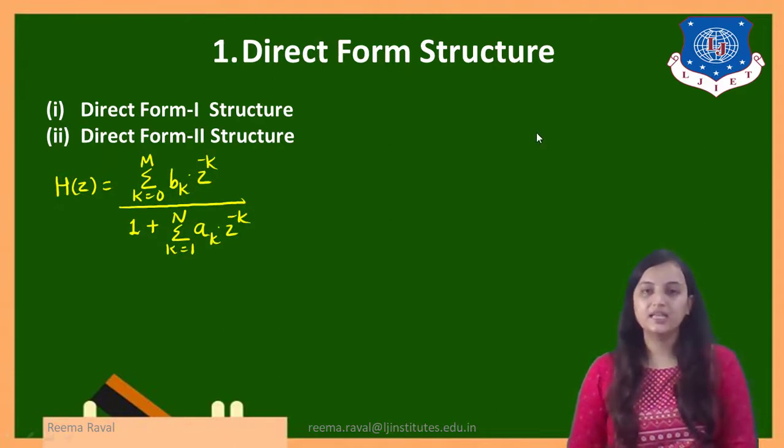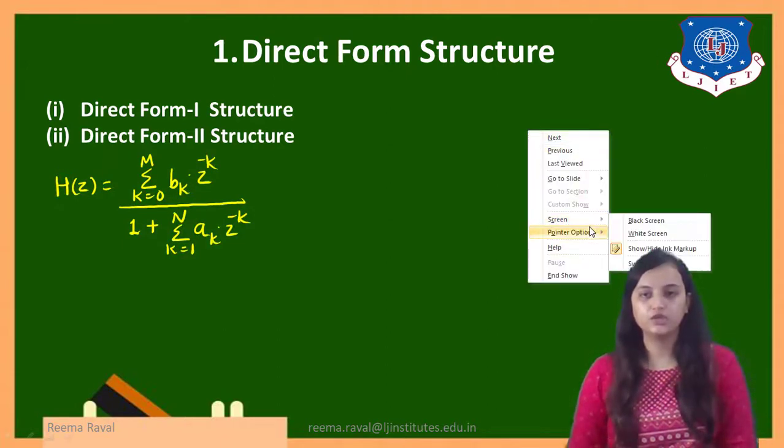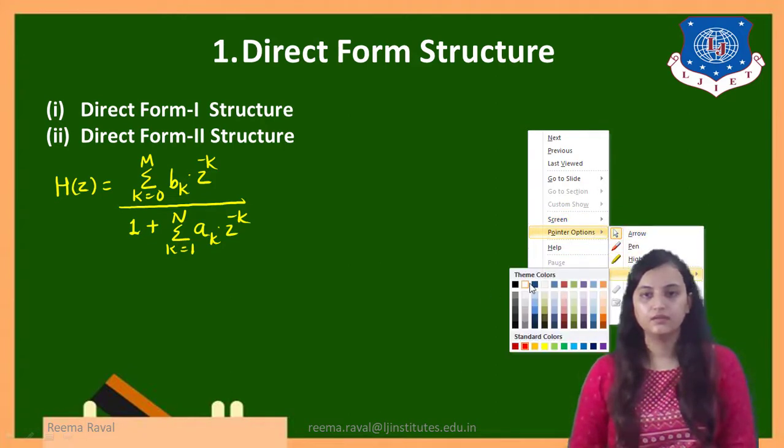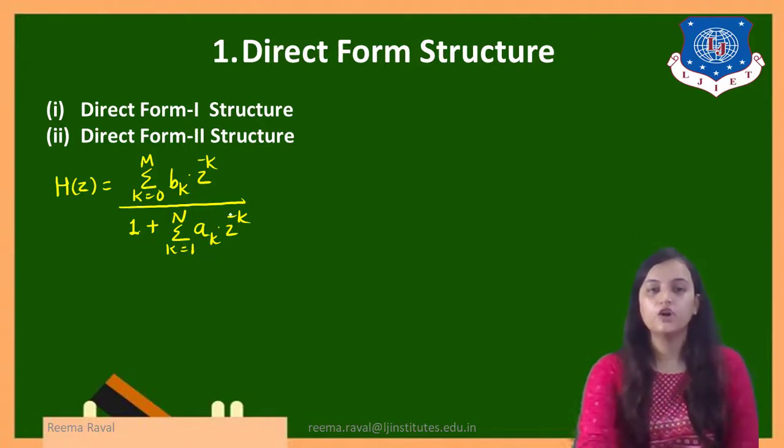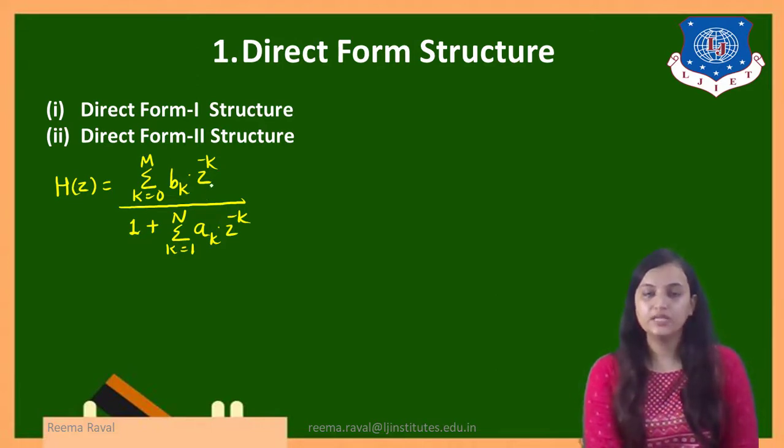Now let us see the example of representing the system function, which is given as H of z equals summation of k equals 0 to n of bk into z raised to minus k, divided by 1 plus summation of k equals 1 to n of ak z raised to minus k. Now, what is the difference between direct form 1 structure and direct form 2 structure? We'll understand that using this equation.